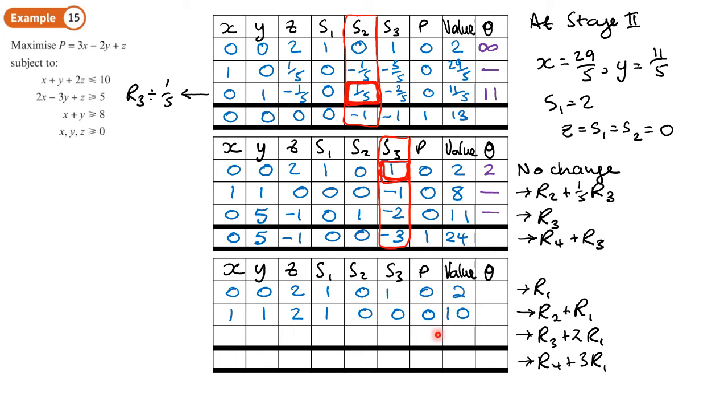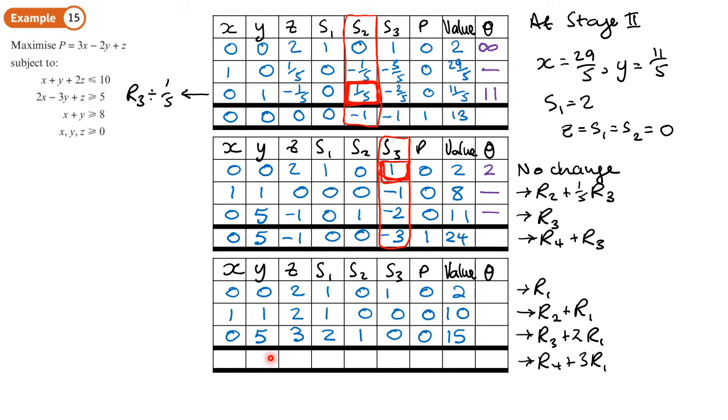In row 3, again, we'll look at what we get once we've done those row operations. I'll have 0, 5, 3, 2, 1, 0, 0, 15.